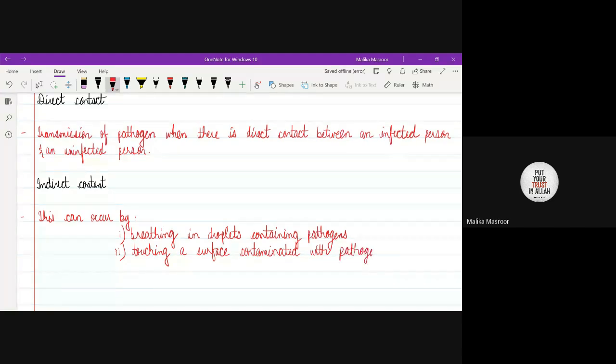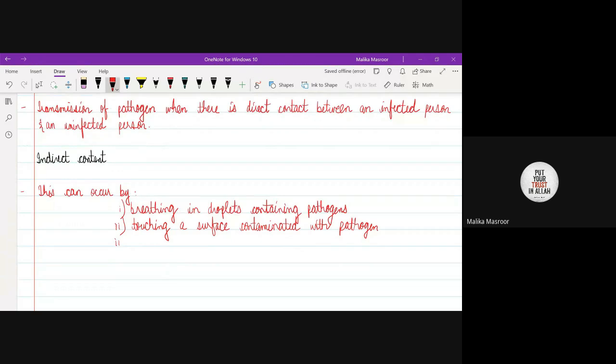Third, eating food or drinking water that contains pathogens.